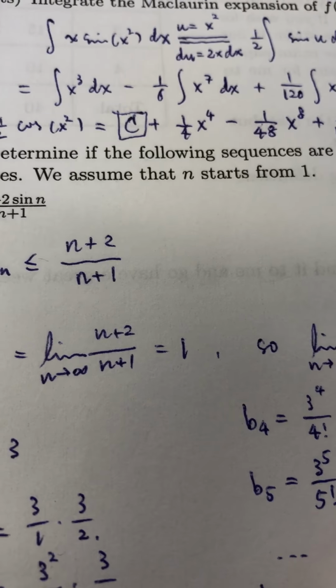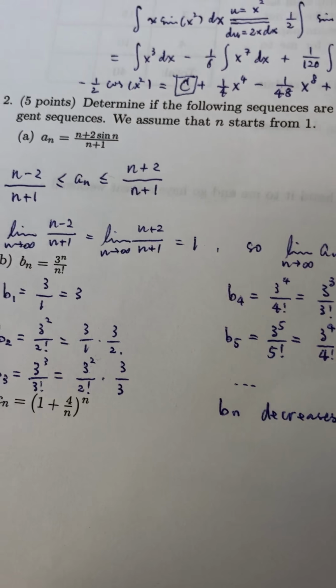We show that bn decreases at some point. And then we need to show that this bn has a lower bound, which is obvious because this is definitely greater than 0.